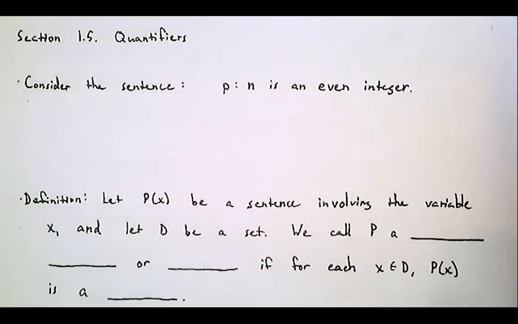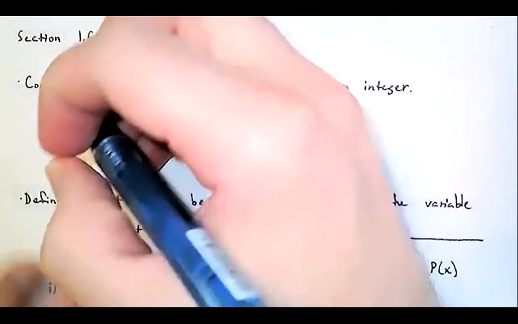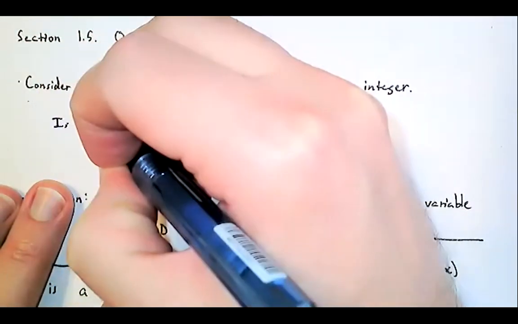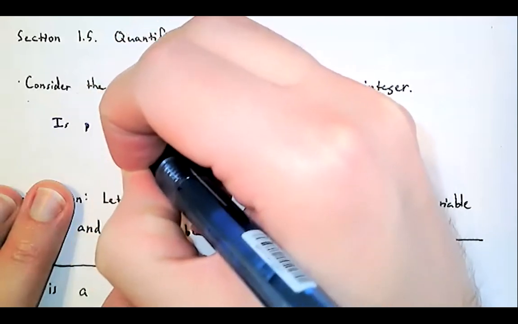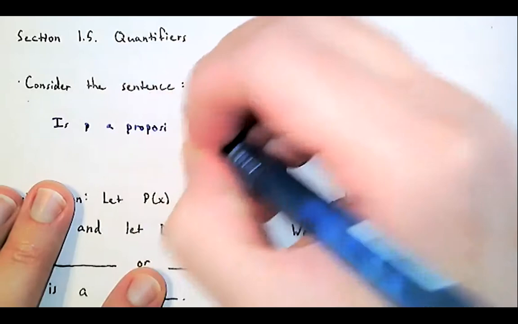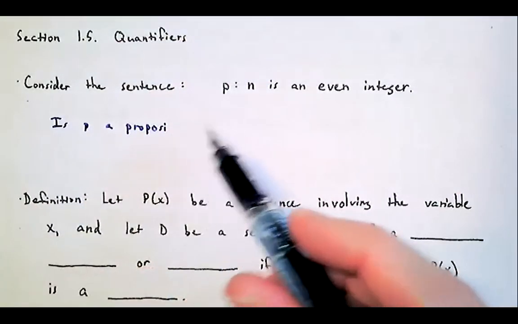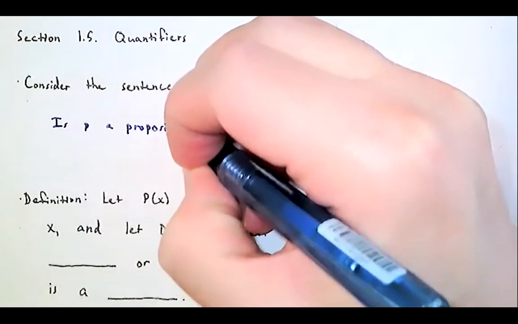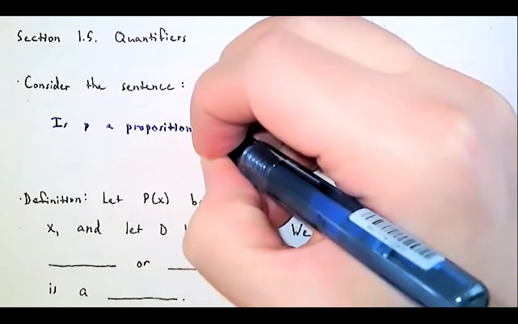So let's think about this for a second. Is P a proposition? And remember, a proposition is a sentence, whether it's in English or in mathematical symbols, that is either true or false.